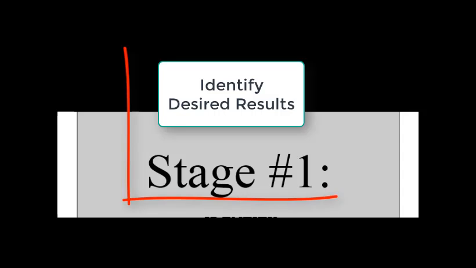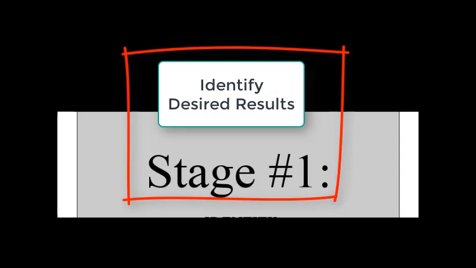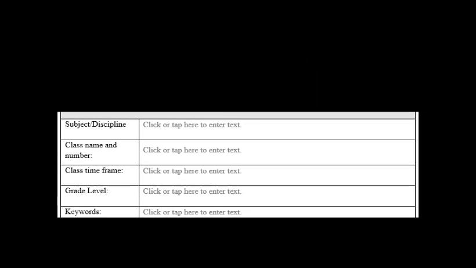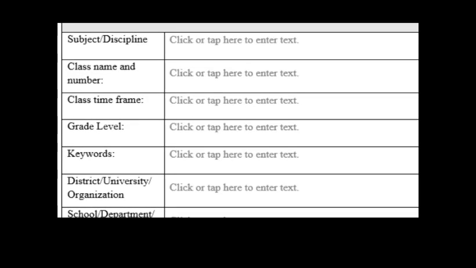In stage number 1, we will identify desired results. The first part of stage 1 is the course and unit summary.